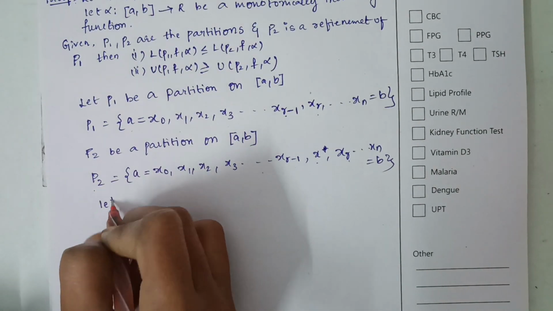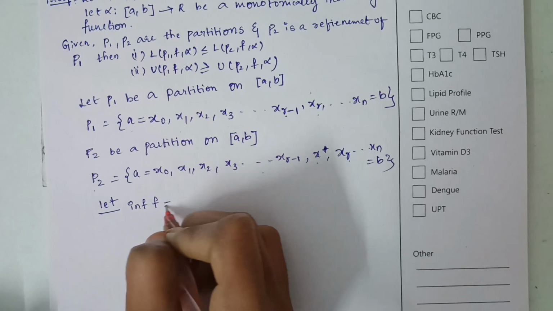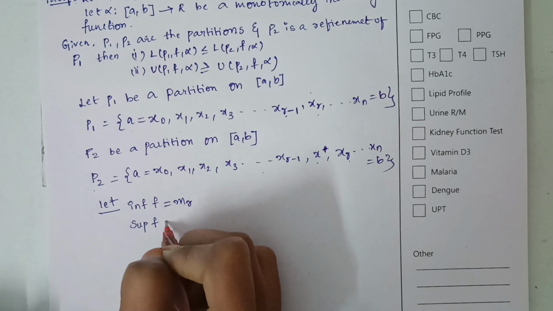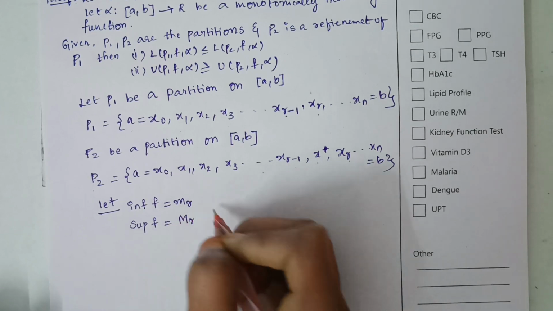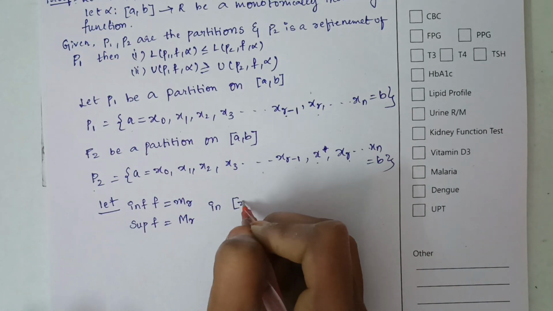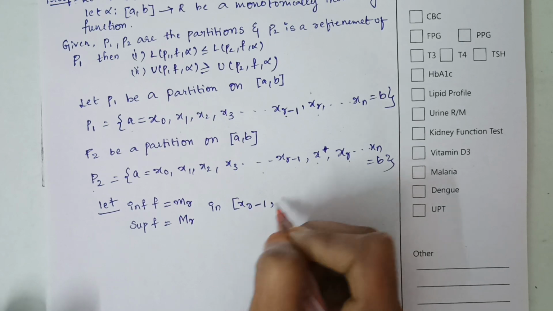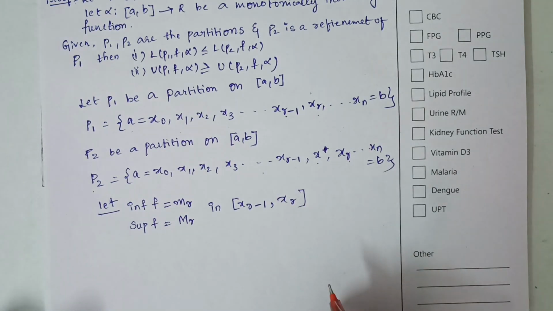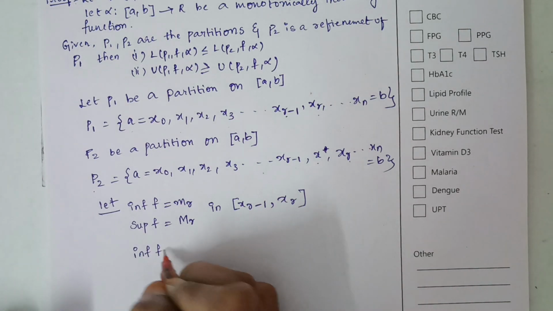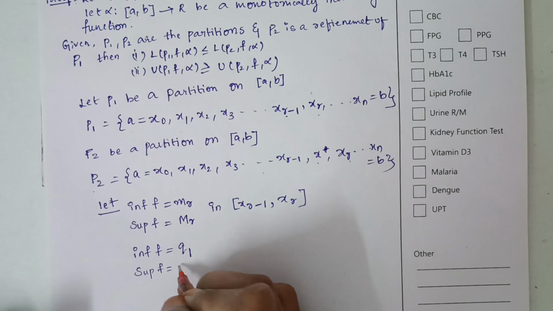Let infimum f is equal to small mr and supremum f is equal to capital MR. These infimum and supremum are in the closed interval xr minus 1 comma xr. And infimum f is equal to q1 and supremum f is equal to s1.